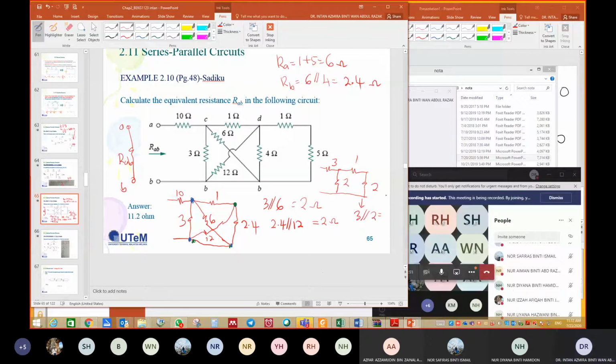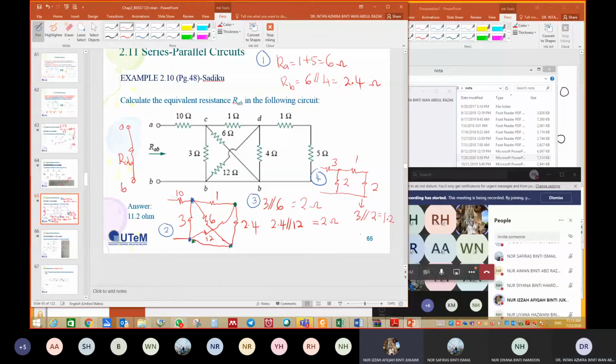We get 2 plus 1 is 3. 3 parallel with 2, we get... 3 parallel with 2. 1.2. Yes, 1.2.